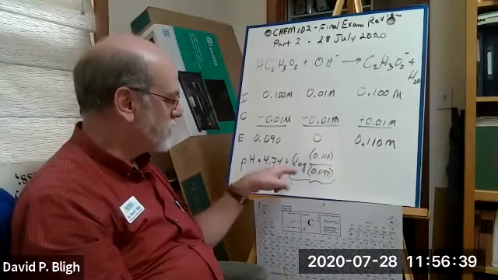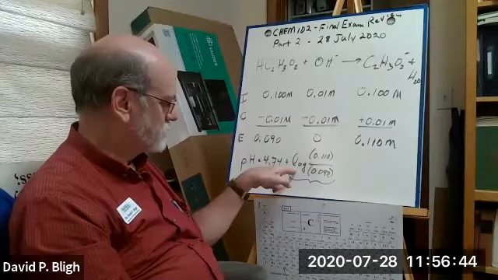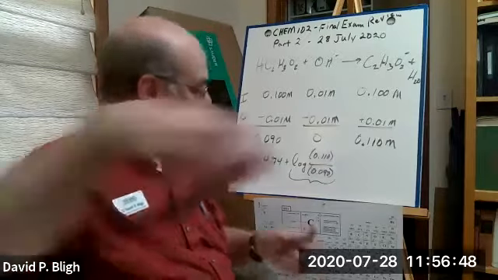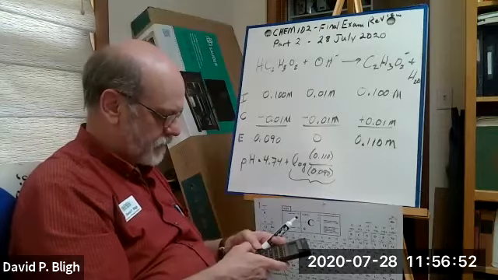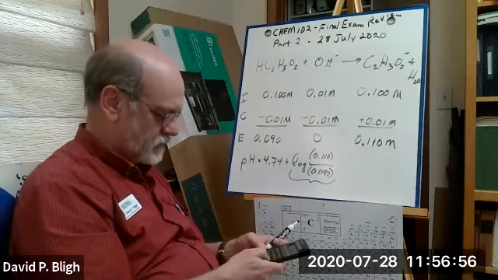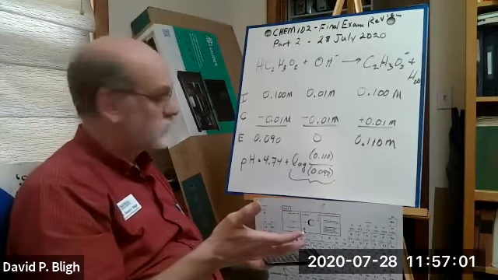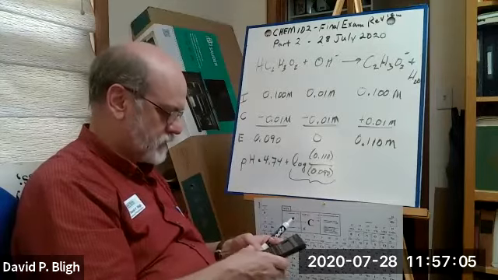So all we need to do is say, the log of that value. And divide by 0.09, which is 1.22. Take the log of it. There it is.